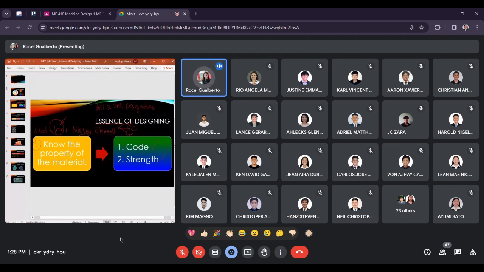Okay? Para po magkaroon ng improvement doon sa kanya na property. Okay? So, ito po ay ilan lang sa mga samples ng mga alloying elements na idinadagdag po natin. Again, they are added simply to enhance the property of your iron. Kuha po ba? Nasundan po ba yung sinasabi ko?